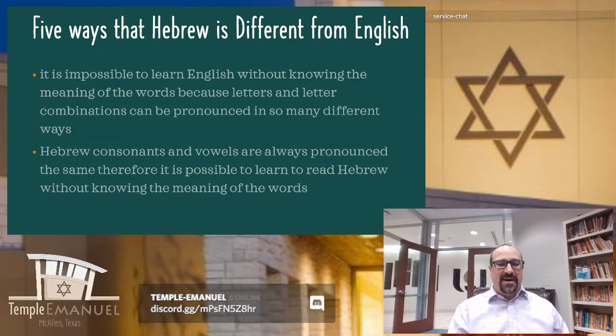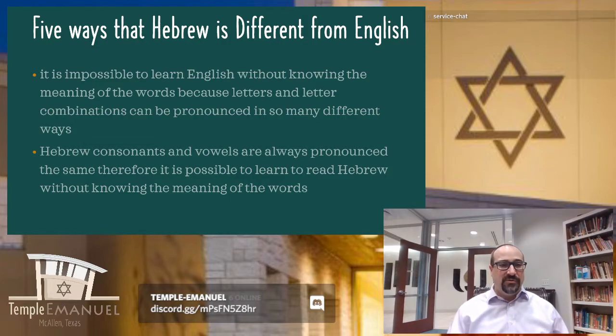Hebrew consonants and vowels are always pronounced the same. Therefore, it is possible to learn to read Hebrew without knowing the meaning of the words. The same letter or the same vowel will always sound exactly the same in every single word. Hebrew is a bit like Spanish in this way.